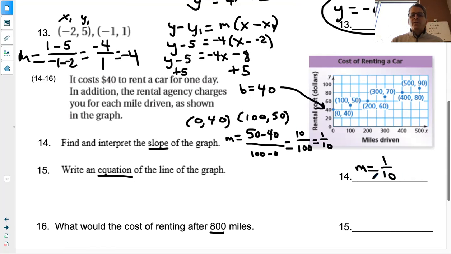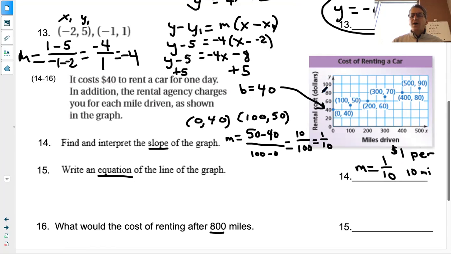So what does that mean for number 14? It means that you're going to have a $1 cost per 10 miles of driving. So the rate, 1/10, is $1 per 10 miles.